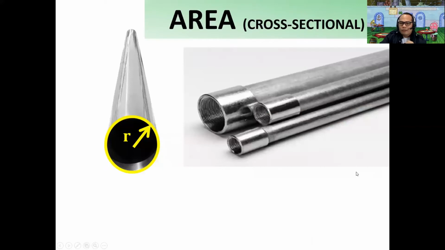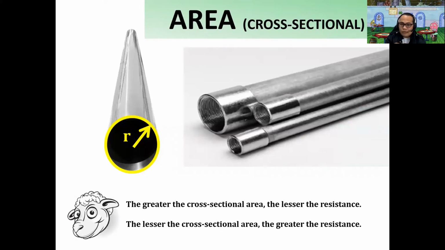Next is area, specifically cross-sectional area. Suppose you have the same material and the same length, but they differ in cross-sectional area, which involves a radius or diameter. Imagine you are the current, like water flowing in a tube. If the diameter of that tube is large, it would be very easy to flow inside because the cross-sectional area is large.